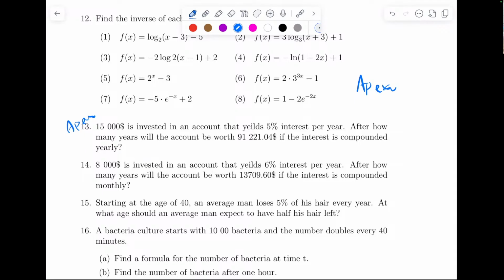How many times does it compound in a year? If yearly, one. One.